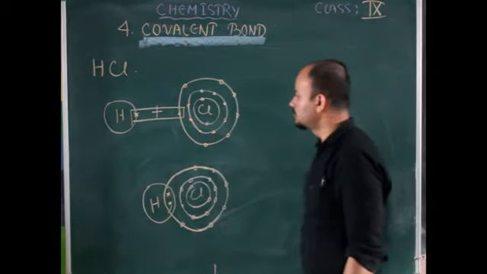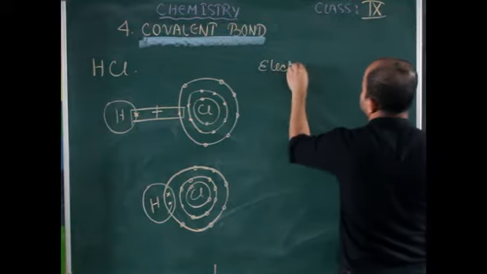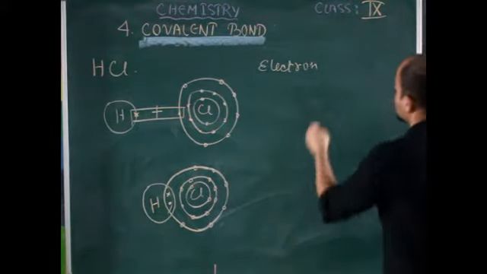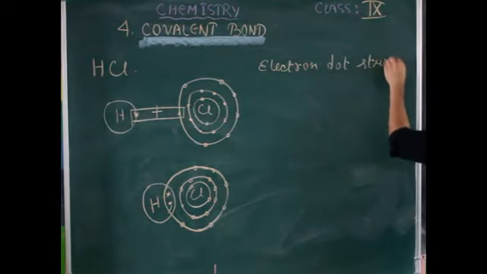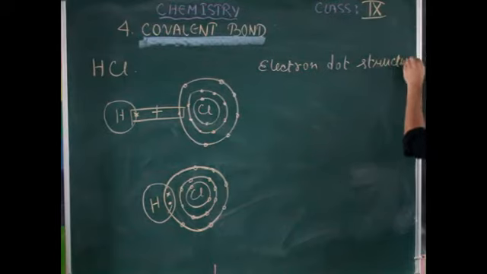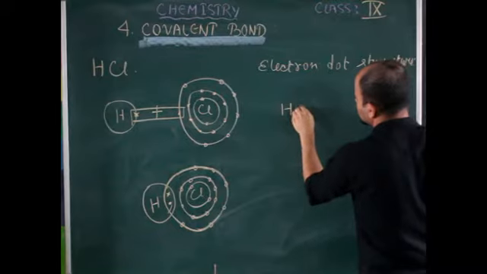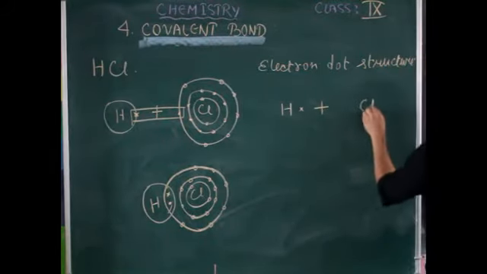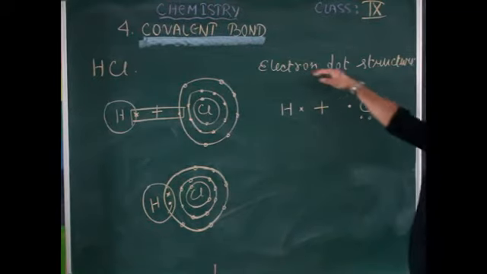Now if you go for the electron dot structure, yesterday I told you that in the electron dot structure we have to consider only the valence electrons. That means hydrogen has 1 electron. This is the electron of hydrogen, which reacts with chlorine, and only the valence electrons of chlorine are written for this electron dot structure.